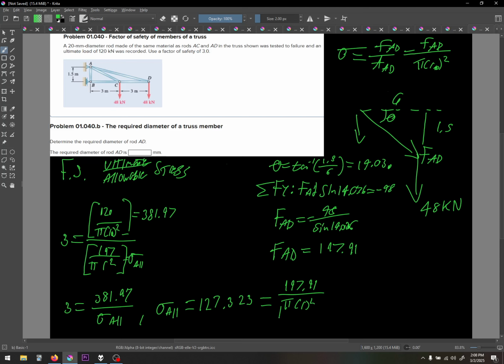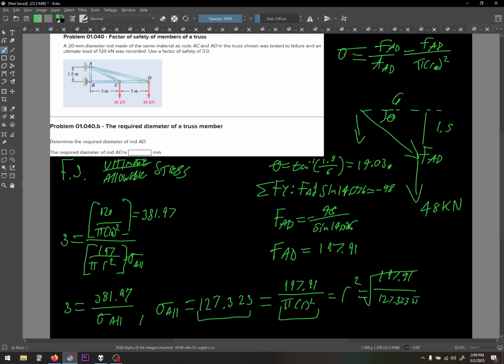So let's multiply pi r squared by both sides, and then let's divide both sides by 127.3. So now we have r squared is going to be equal to 197.91 over 127.323 pi.